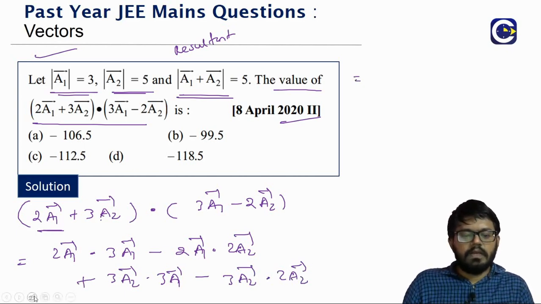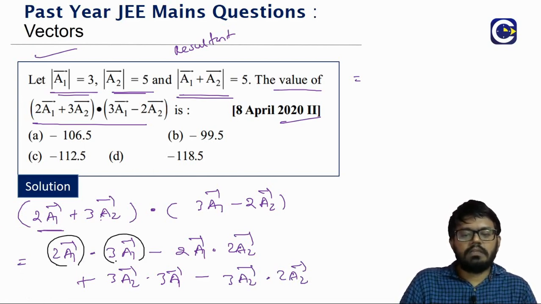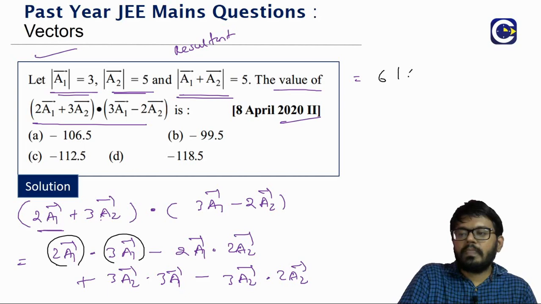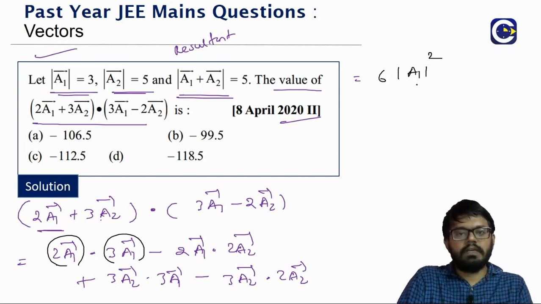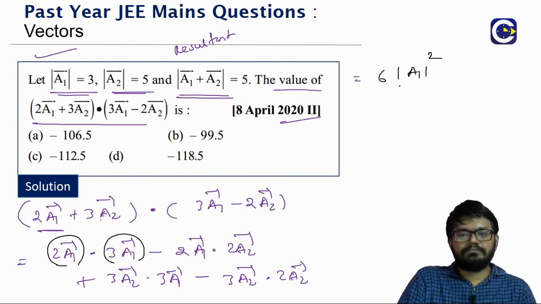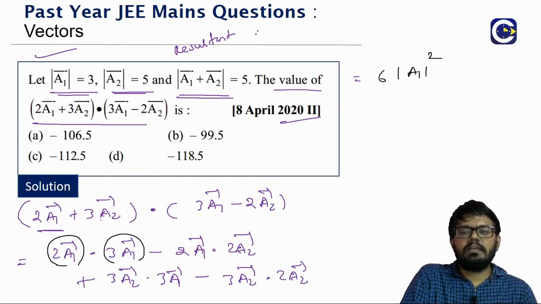Now we have the properties of the dot product. Here 2a1 dot 3a1 means 2 3s are 6, 6 into a1 dot a1, which is mod of a1 the square. The dot product of a vector with itself is the square of the modulus of the vector, because that is a1 into a1 into cos 0, which is a1 the square.